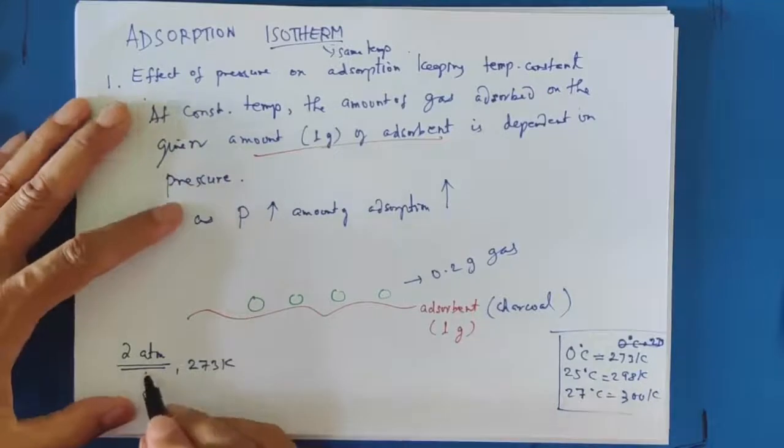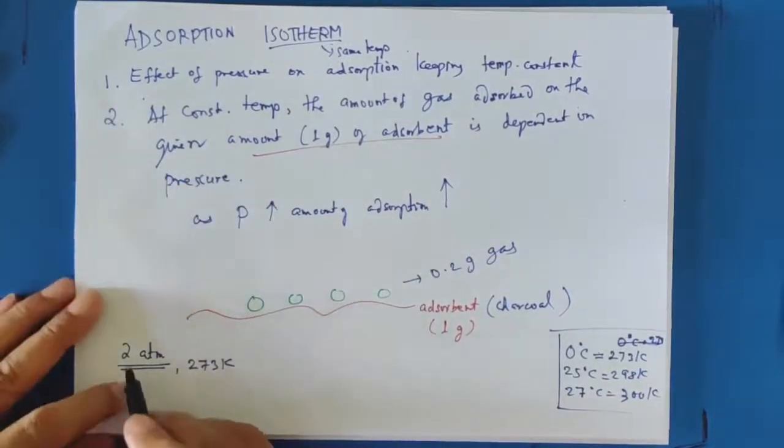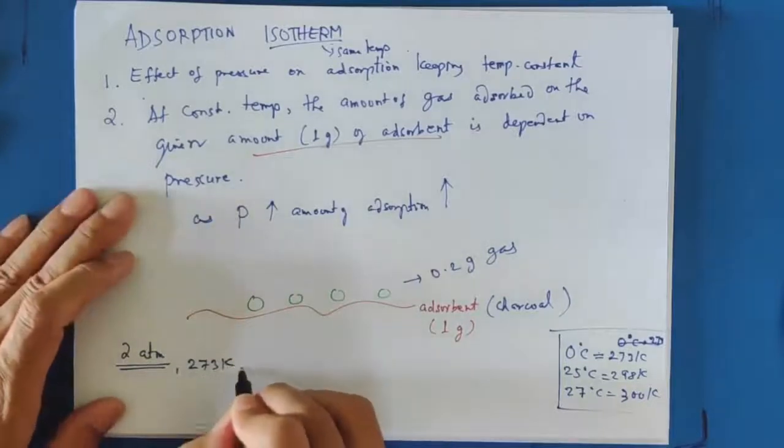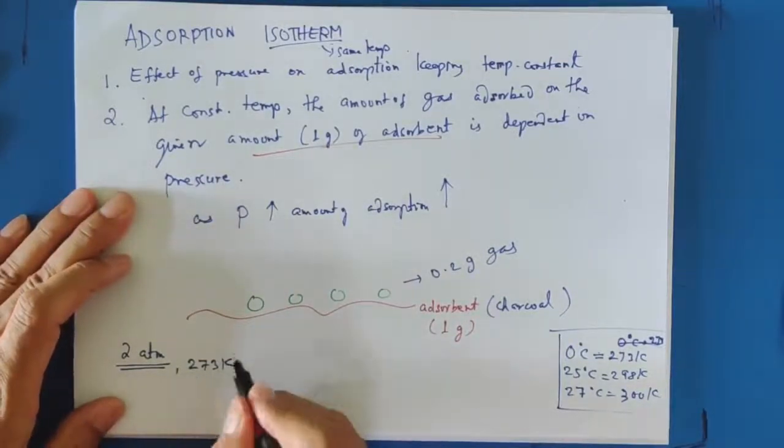So suppose you have taken 2 atmosphere of pressure and temperature 0 degree, in other words 273 Kelvin.